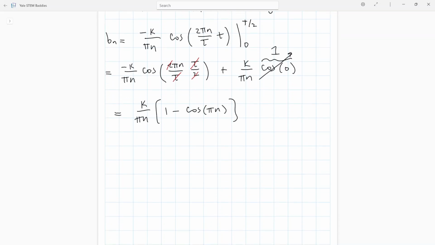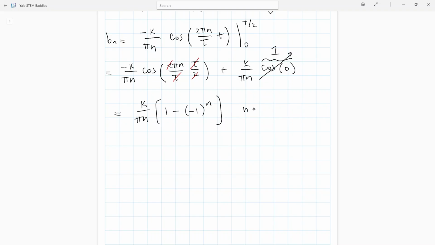Boom. And then I'm also going to use a little trick from high school calculus. If n is restricted to integers or whole numbers, then cosine of pi n just behaves the same as negative 1 to the power of n. That's just a little trick you can use to get rid of the cosine, because I think it's easier to think about it like this. And then let's think about the different cases here.